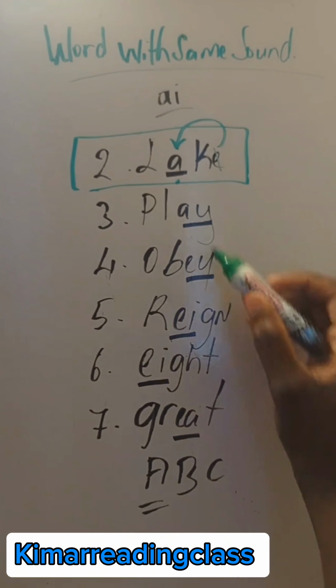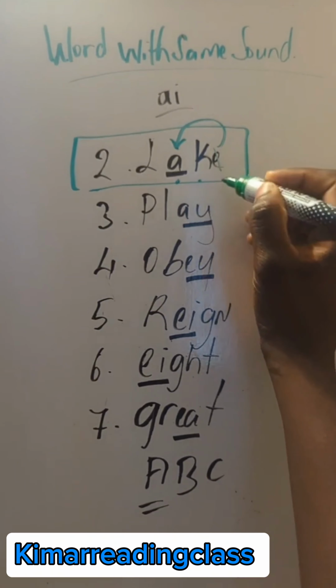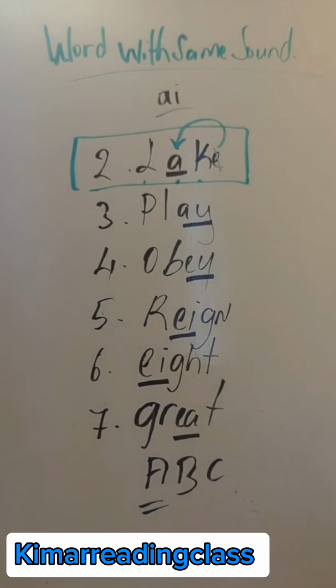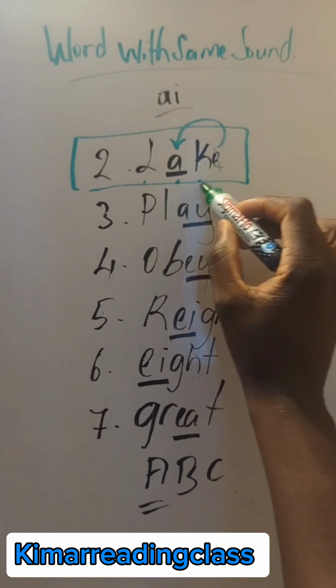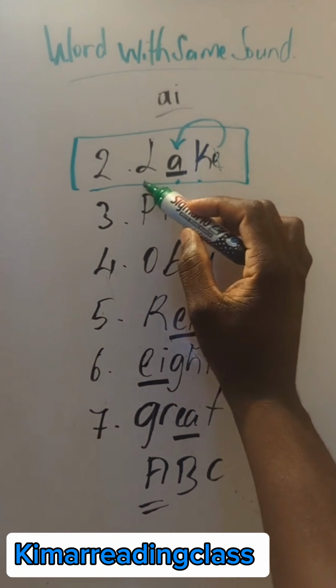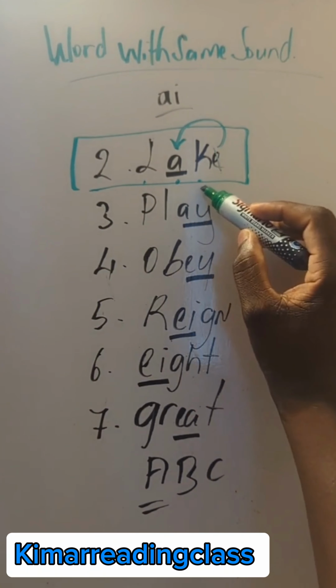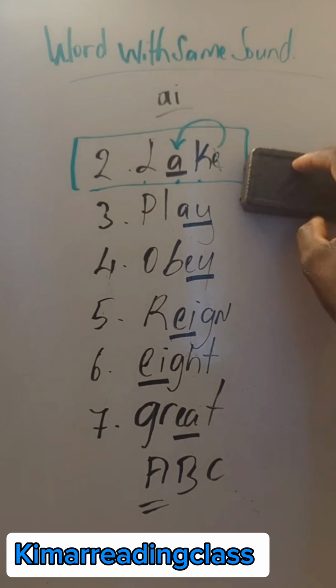Again, this K, if you know the sound K makes and you know the sound L makes, once you put these sounds together, you have to get that word. L, A, K. And it's the same 3 sounds as I said before. See? So, that's another one.